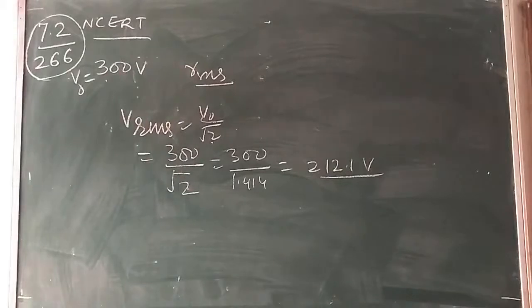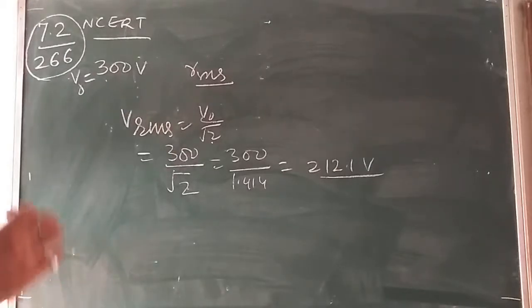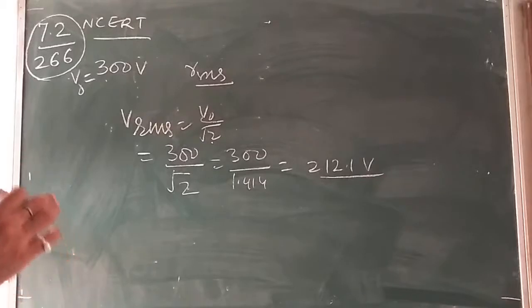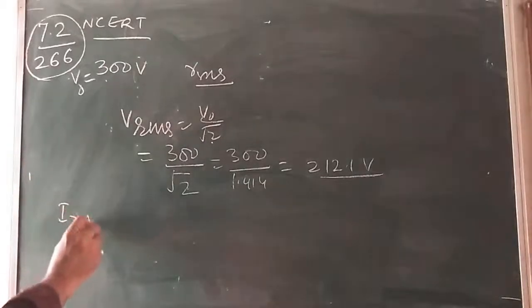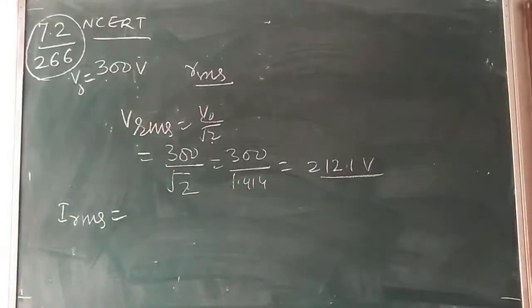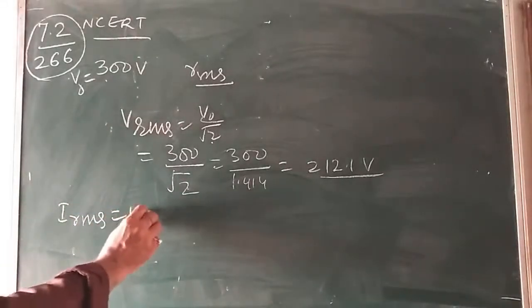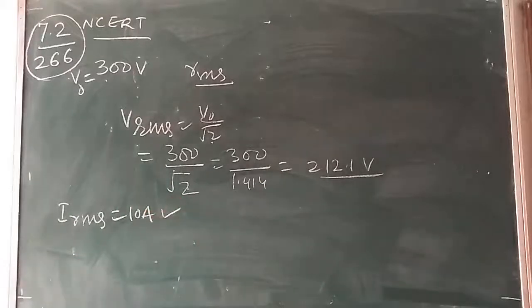Second part of this question: the RMS value of current in an AC circuit is 10 ampere. What is the peak current? RMS value of current दिया हुआ बच्चों. What is given? IRMS, ये दिया हुआ है हमारे को, that is 10 ampere. What is the peak current?